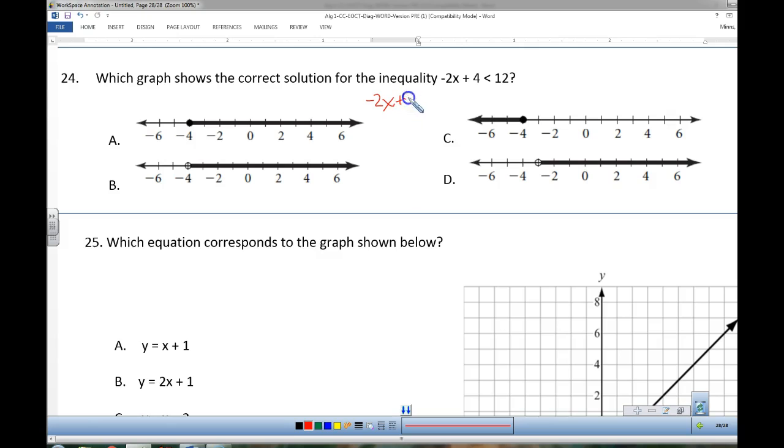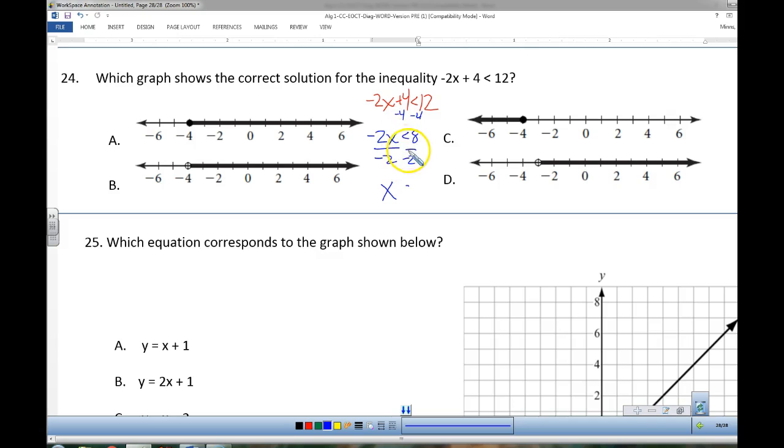Negative 2x plus 4 is less than 12. So subtract 4 from both sides. Negative 2x is less than 8. Divide both sides by negative 2. X is, when I divide by a negative, remember what happens to this symbol?